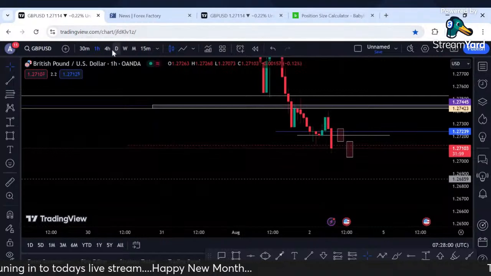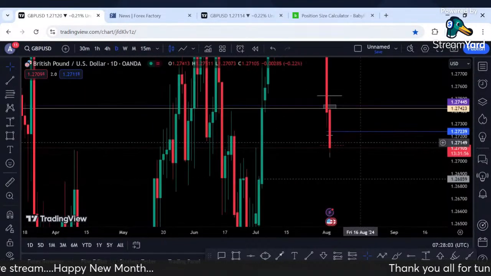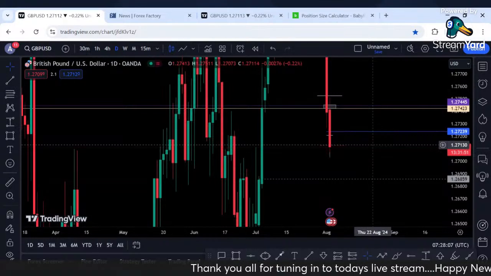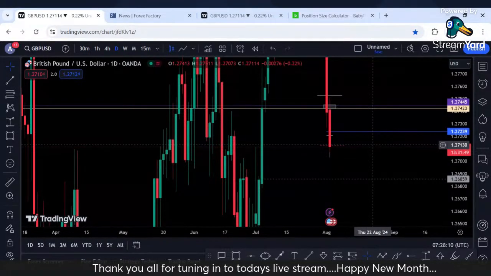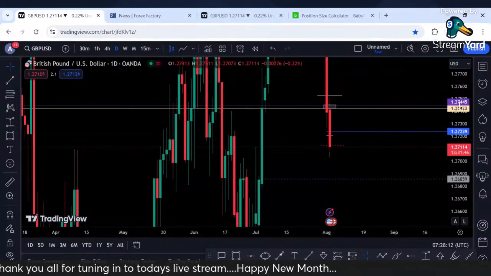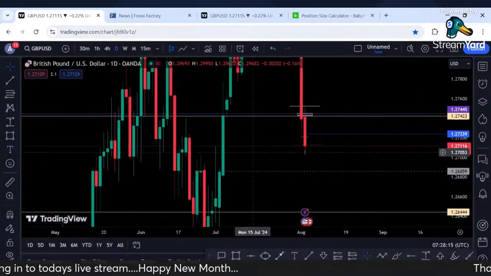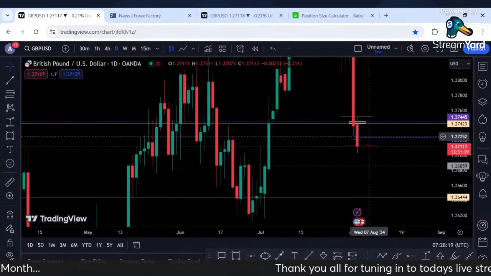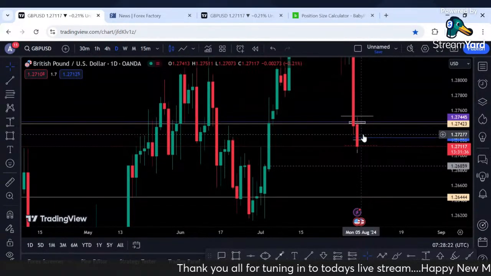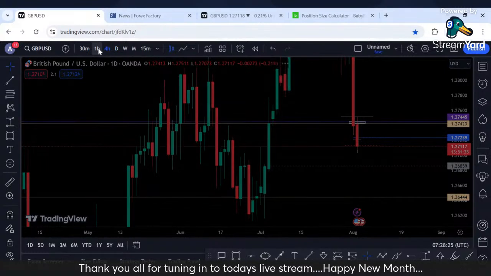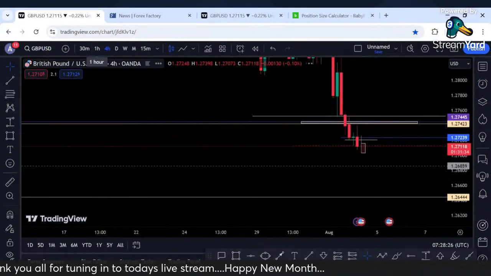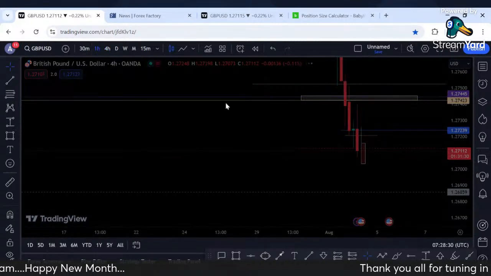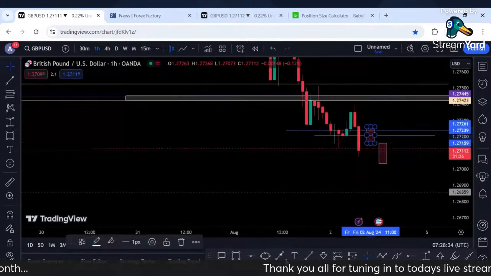I'm taking a sell because I'm going to the daily time frame. Watching the daily time frame too, this could have been the flip of the daily candle when it turns red. So when you come to the H1 time frame, I'm looking at how I could have taken this sell.